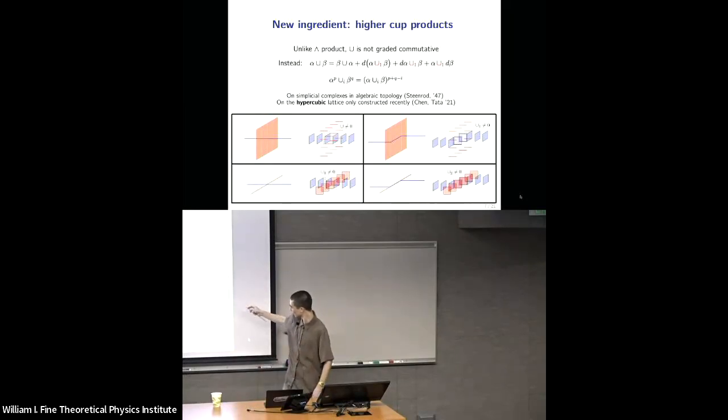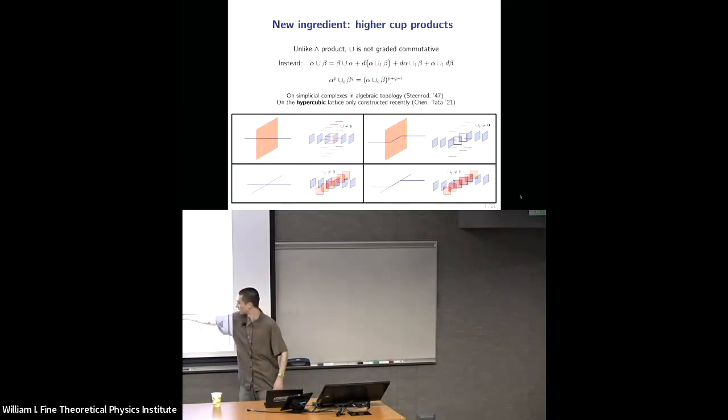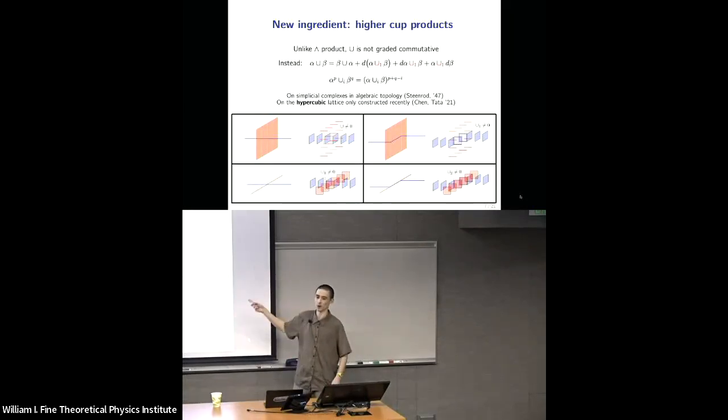You get higher cup products when you consider non-generic intersections. Here I have a line which pierces this surface, but it goes parallel to it for some distance, and then it goes off. And precisely for the plaquettes which are pierced by these 2 lines, we find a non-vanishing cup 1 product.